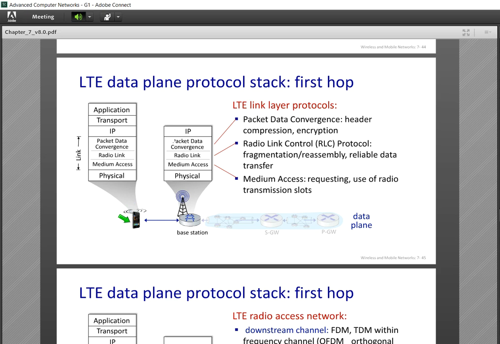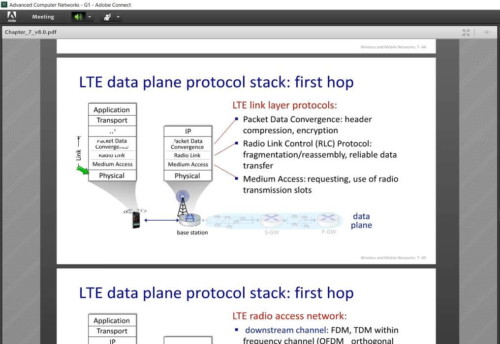This is my cell phone on the left side, which is connected to a base station or eNode B. Look at the protocol stack of these two devices, my cell phone and the eNode B. In my cell phone, I can see application, transport, IP, the top three layers of the TCP/IP protocol, and there are some other layers at the bottom of this stack.